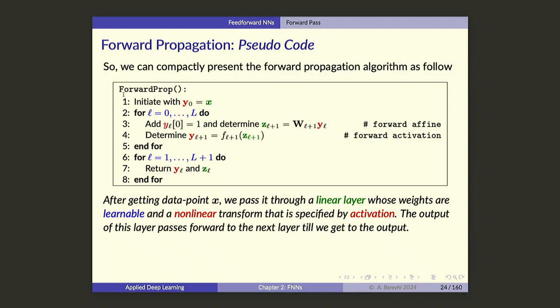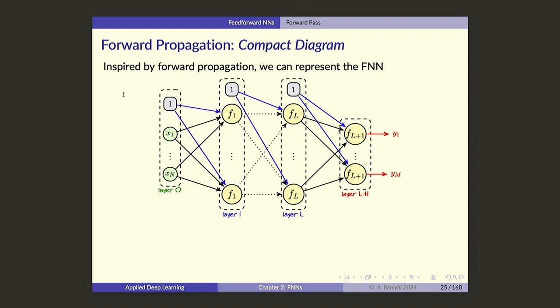Cool. So if it is clear, then let's go for a bit more compact diagram, which is going to help us a lot. Since I am representing everything in the form of vector matrix products, I can even compact this diagram. I can think of this whole thing here as one vector, this whole thing here as another vector, and every single vector here is multiplied first with a matrix and then activated, giving me the next vector, right?